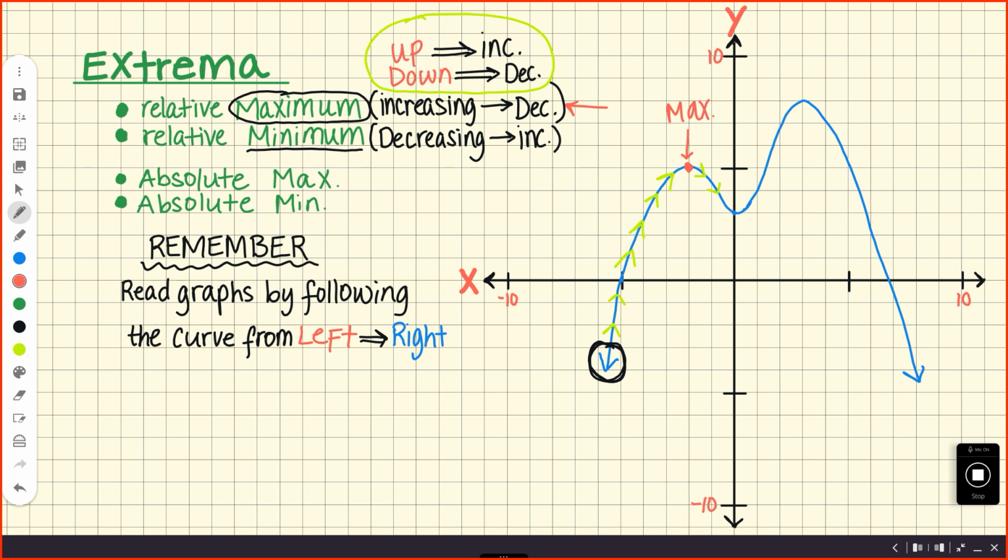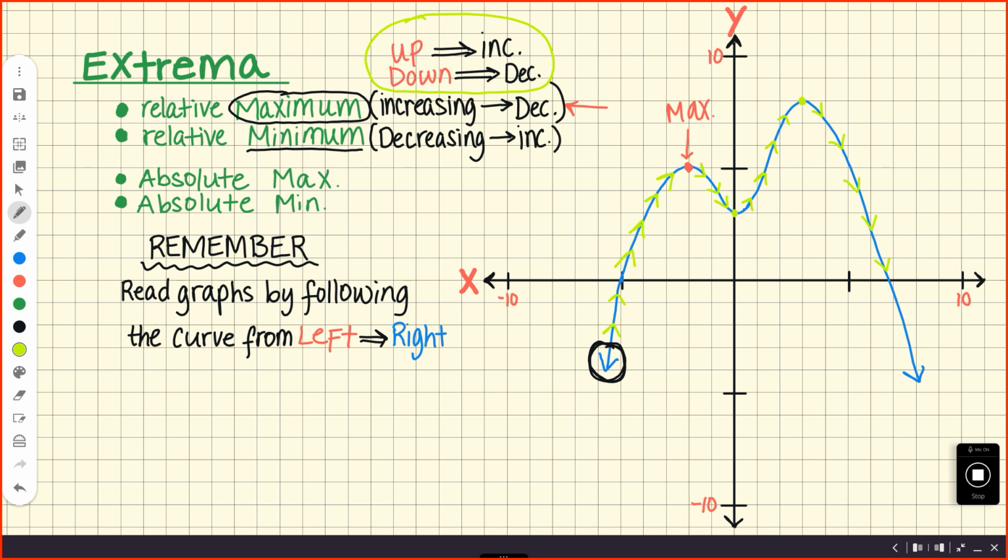Okay, let's continue. And I'm decreasing, and then I get to a certain point here where it changes, and now it starts to increase again. And I get to a point here where it changes and it starts to decrease because it's going down, and so forth. So there's some terms that happen here. Every time you see a turn like that, there is an extrema there. Okay.